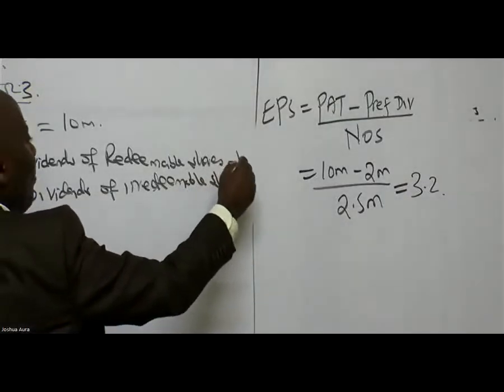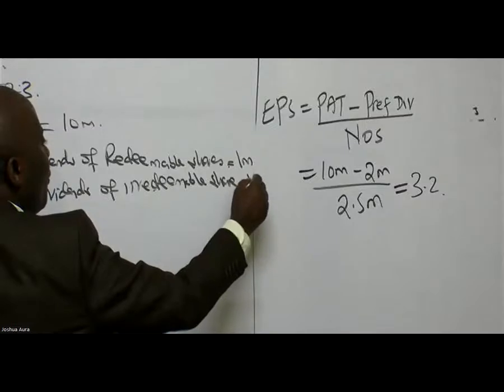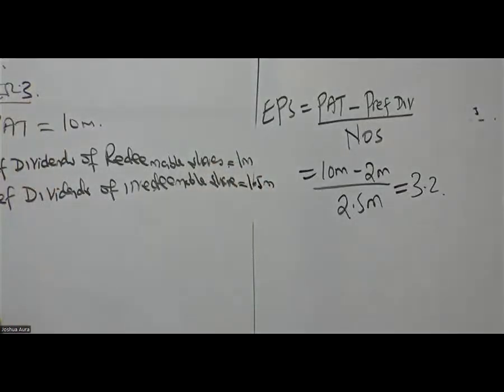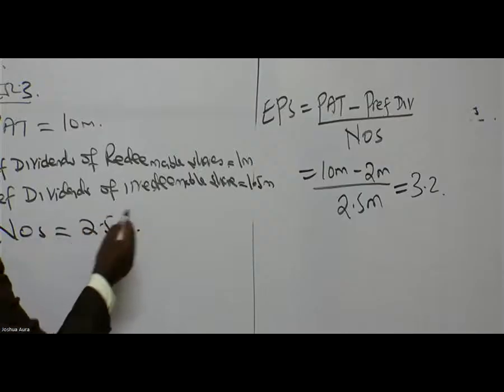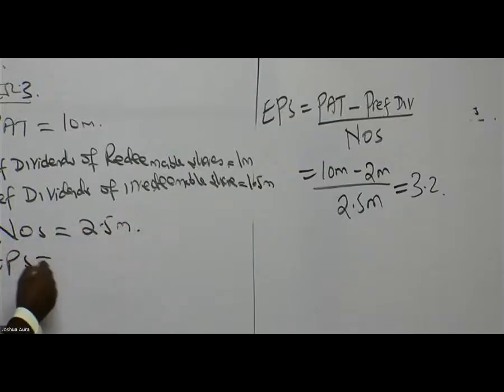This is 1 million, this is 1.5 million, and then we have the number of ordinary shares, which are 2.5 million, and they want us to give them the EPS.